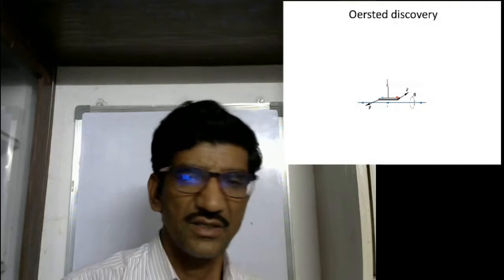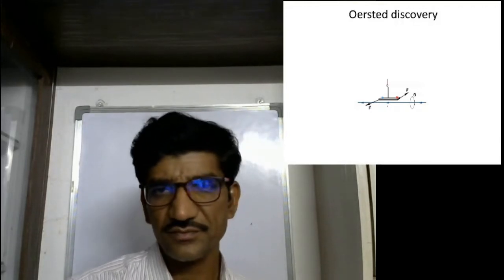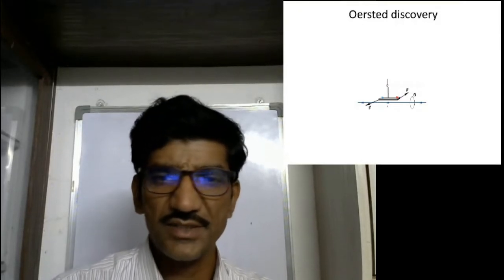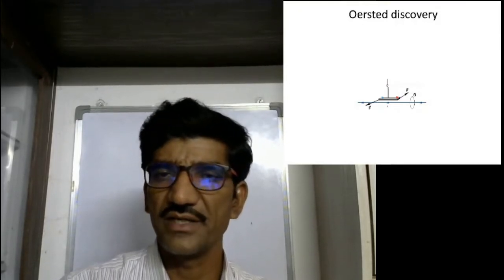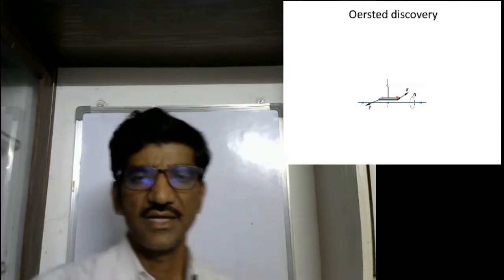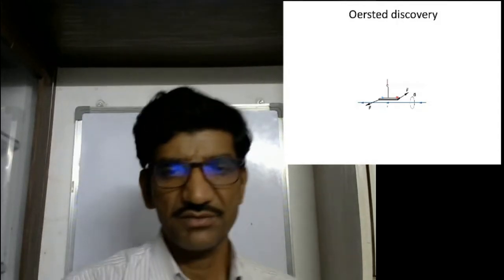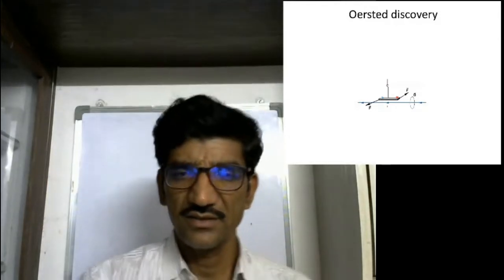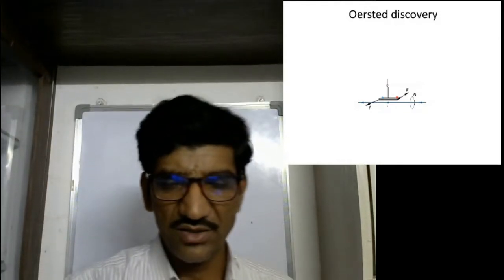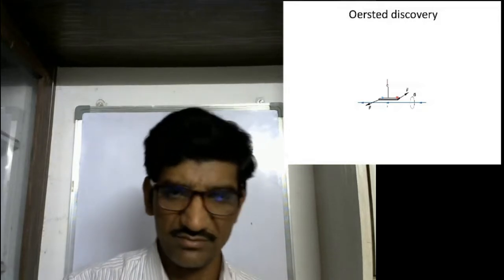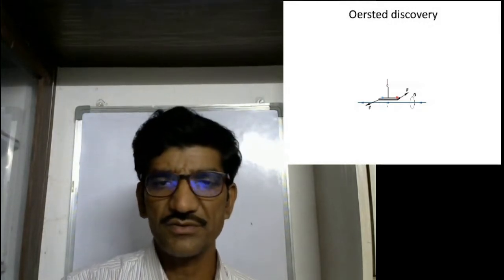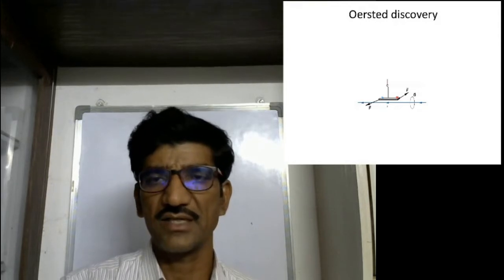What Oersted discovered in the early part of the 19th century is that there is some induced magnetic field around the current carrying conductor. Whenever you place a magnetic needle in the immediate surroundings of the current carrying wire, you observe the deflection of the magnetic compass. What is the meaning of that?